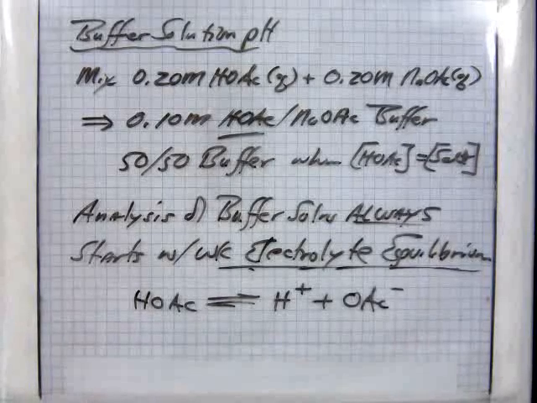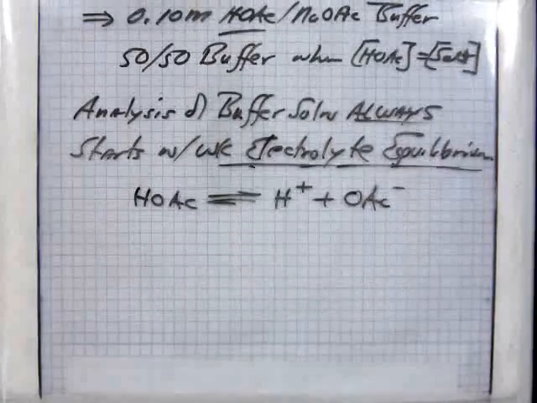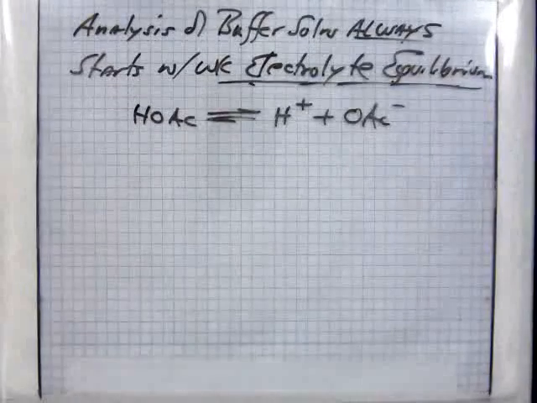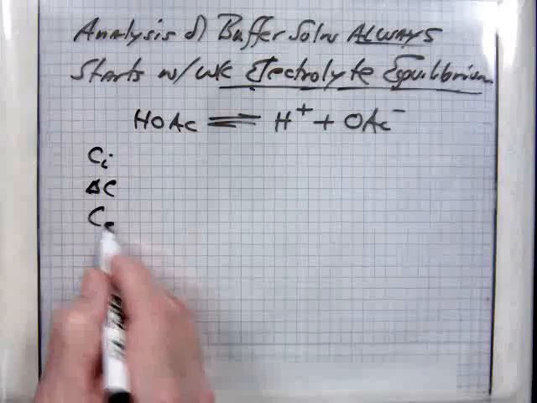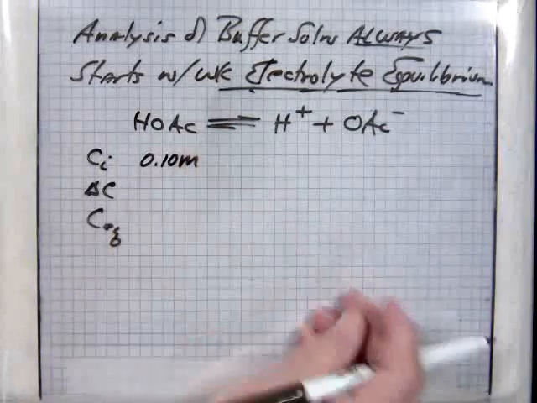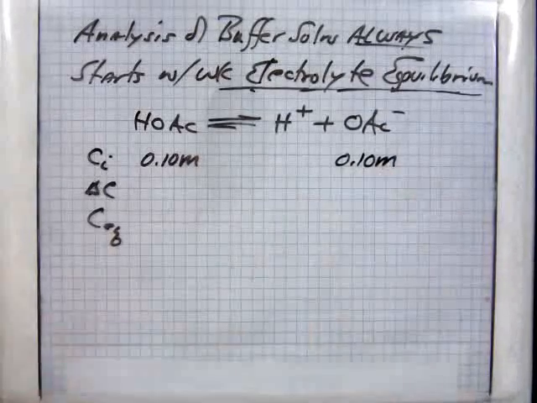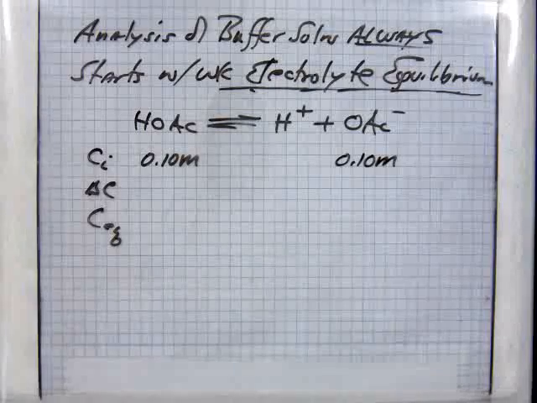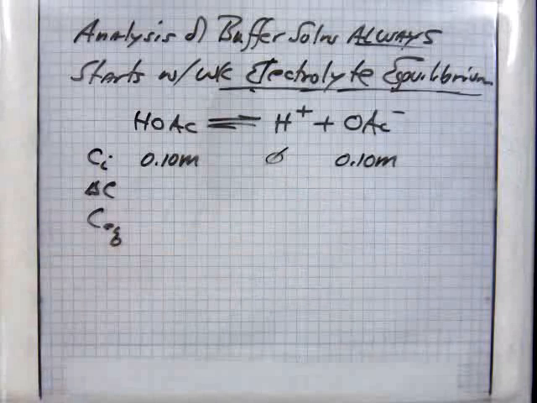So what do we need for pH? Of course, the hydronium ion concentration. Okay, so we start with initial, change, and equilibrium concentrations. We know we have a 0.10 molar acetic acid, but we also have a 0.10 molar OAc, and we call it our 50-50 buffer. And so we start the system initially with no hydronium ion generated.